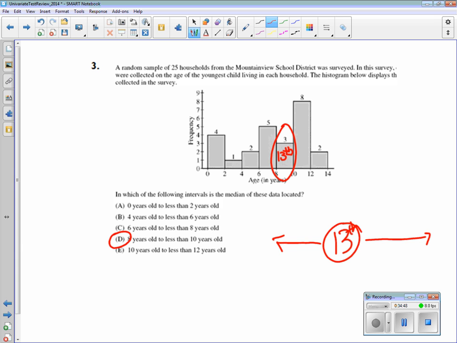If this is the middle, there's 12 here and 12 here. 12 plus 12 plus the middle is 25. So the 13th value is the middle if it's an odd number. Does that make sense now?